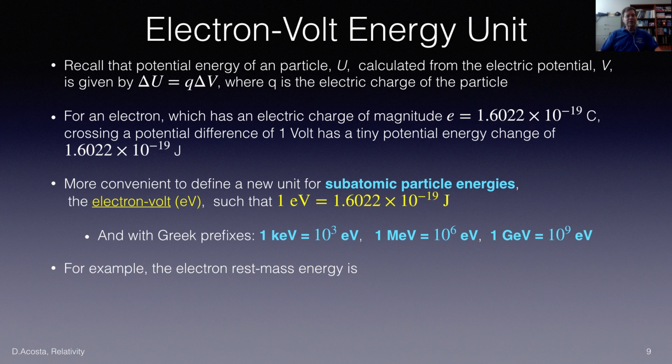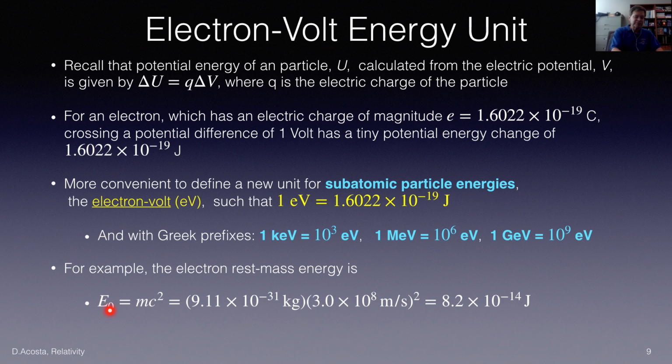For example, let's talk about the electron rest mass energy. E naught, the rest mass energy of the electron, is mc squared. The electron mass is 9.11 times 10 to the minus 31 kilograms. c squared is, with c being 3 times 10 to the 8th meters per second, 9 times 10 to the 16, which is a big number, but 10 to the minus 31 is even smaller.